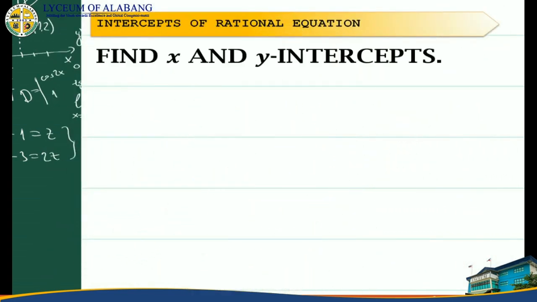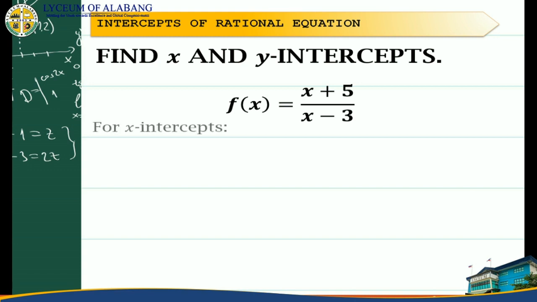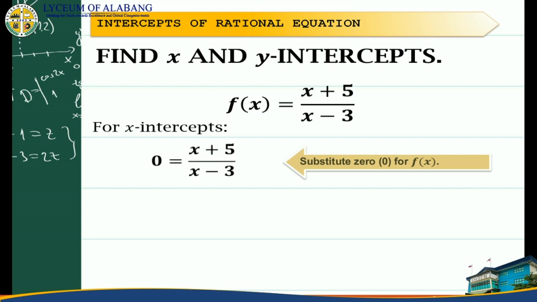Find x and y intercepts. If you have the function f of x is equal to (x plus 5) over (x minus 3), for x-intercepts, first, substitute 0 for f of x, and we get 0 is equal to (x plus 5) over (x minus 3).